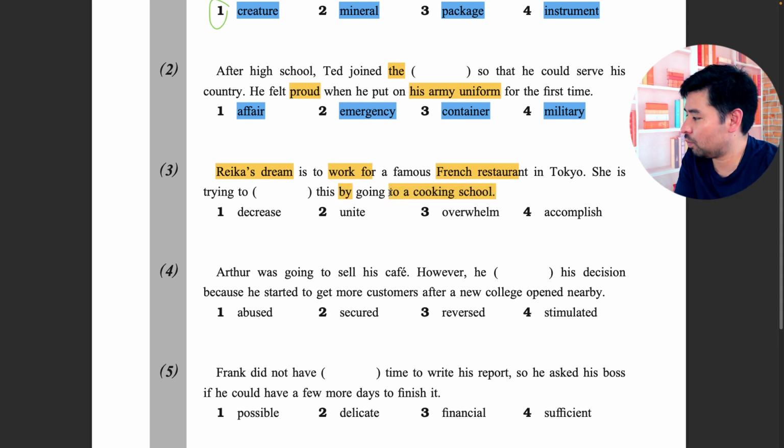So she's trying to what? She's trying something, and to do that, she's going to school. So what is her goal, let's say, what does she want to reach by going to school? She's trying to decrease this. What is the meaning of this word here?